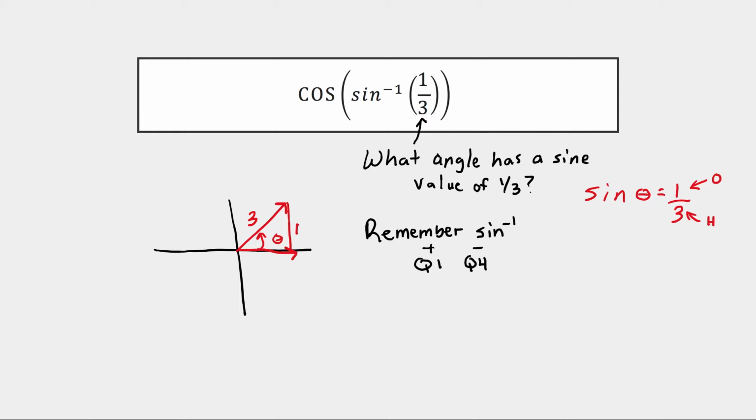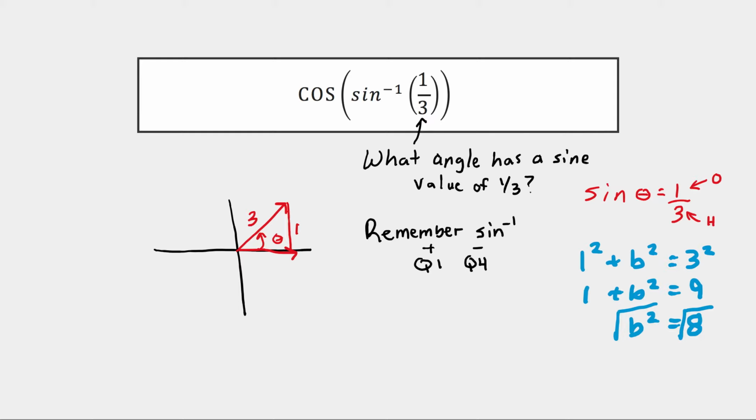So I can say 1 squared plus the missing side, we'll call it b squared, is equal to 3 squared. And so 1 plus b squared is equal to 9. We'll subtract 1 from both sides. B squared would then equal 8. And then we'll take the square root of both sides.